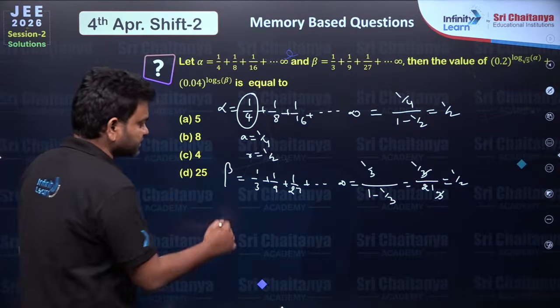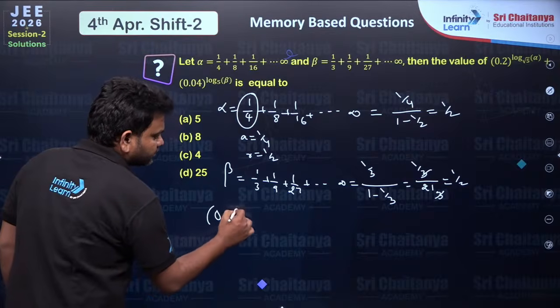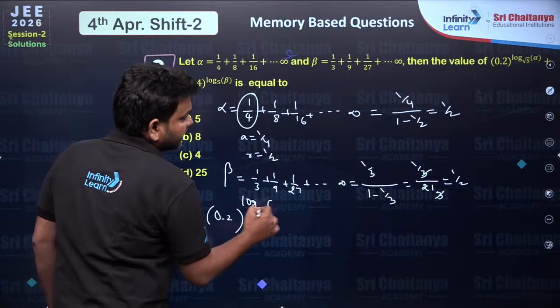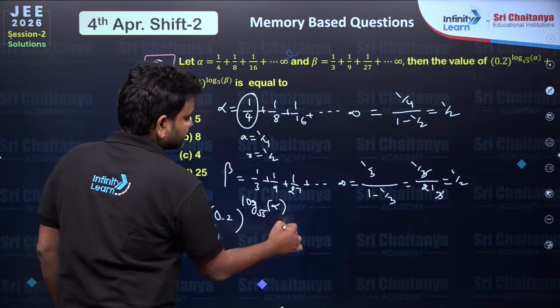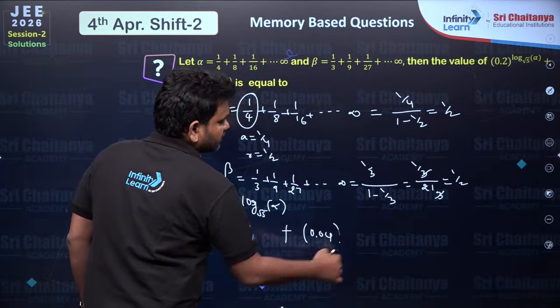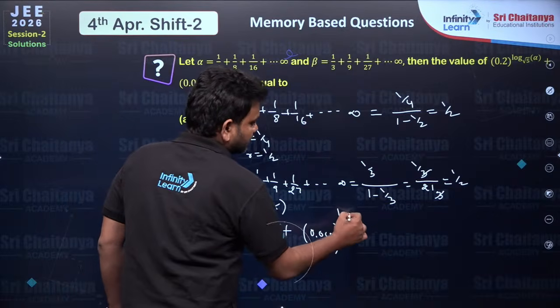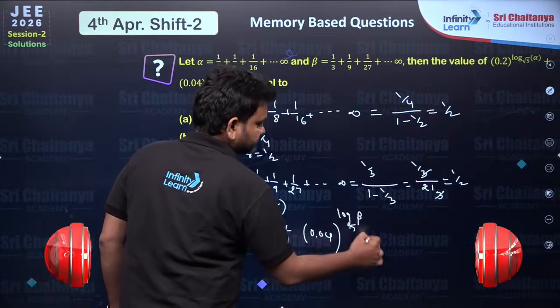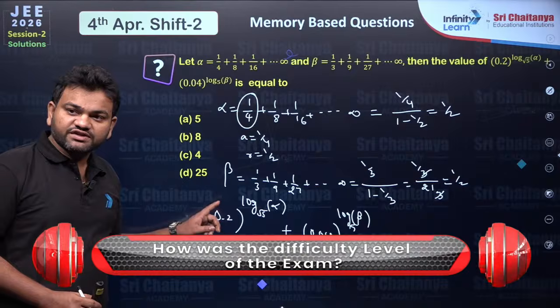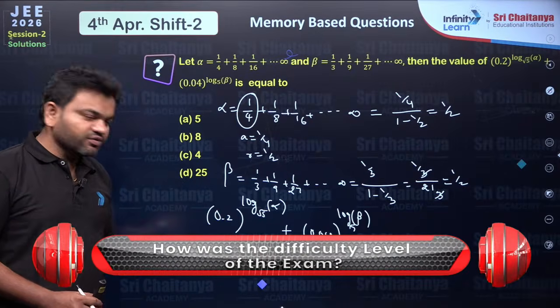Then I am asked to find the value of 0.2 power log base root 5 of alpha, plus 0.04 power log base 5 of beta. So the value of this: you see here 0.2, I can write it as 5 power minus 1.